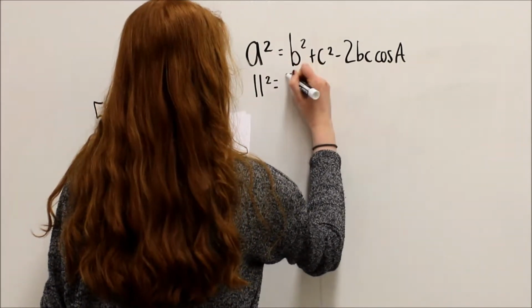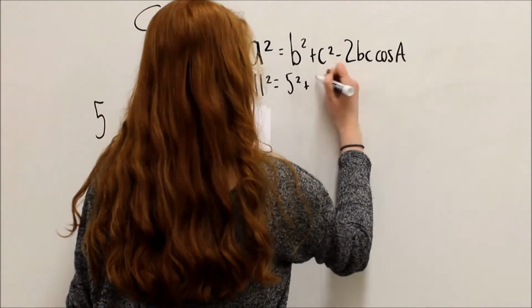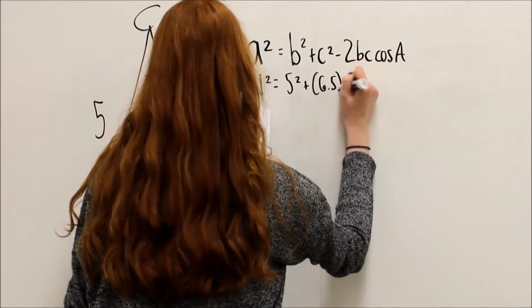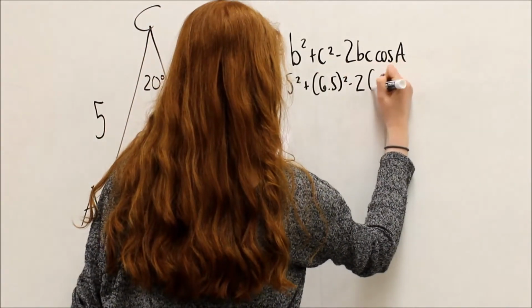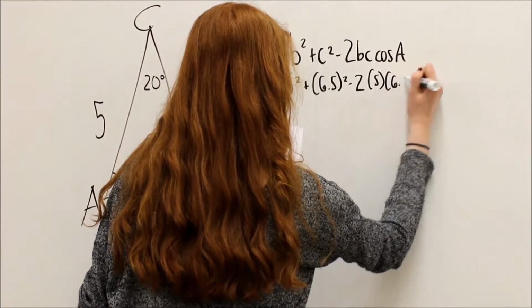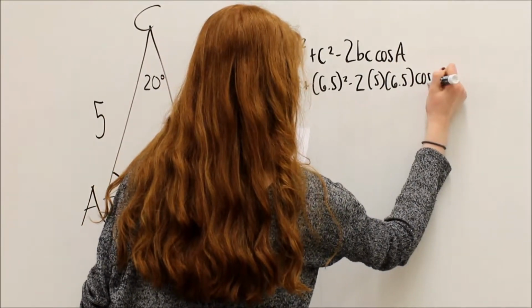So it's 11 squared equals 5 squared plus 6.5 squared minus 2 times 5 times 6.5 times the cosine of A.